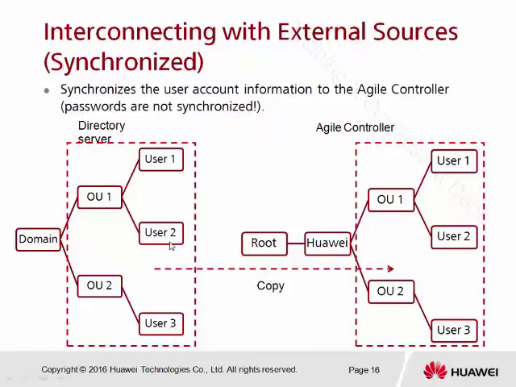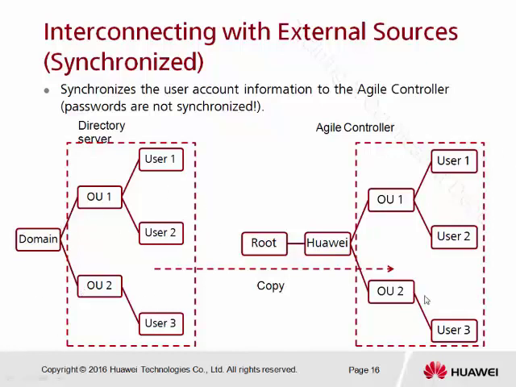When it's synced to the Agile controller, you put in this AD, and the entire user information comes from the same AD. Inside the Agile controller, you create one root for this AD, which they just named Huawei. Inside Huawei, they copy exactly what they have inside the AD server.